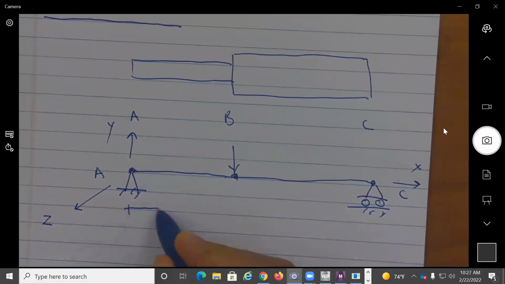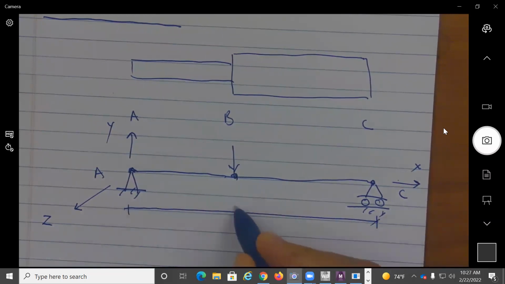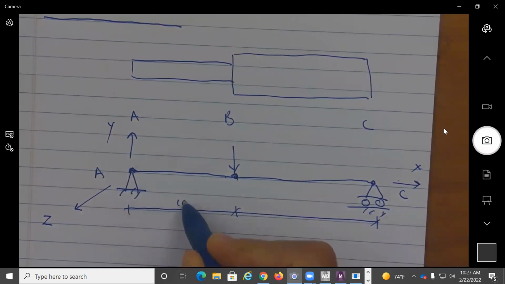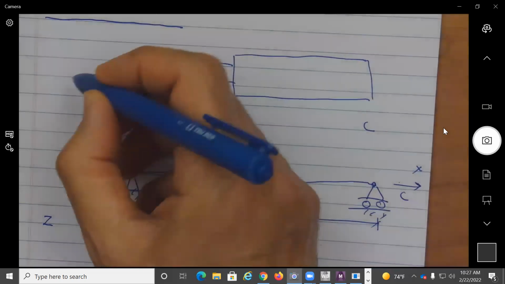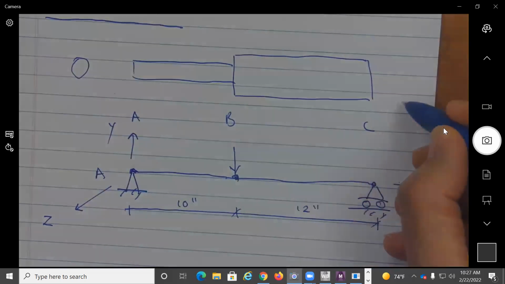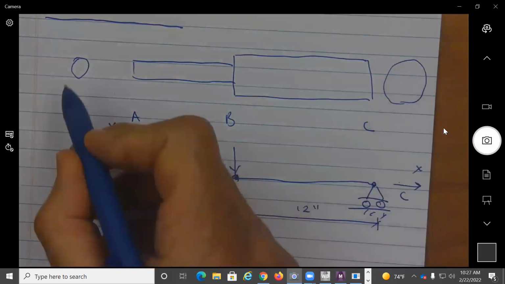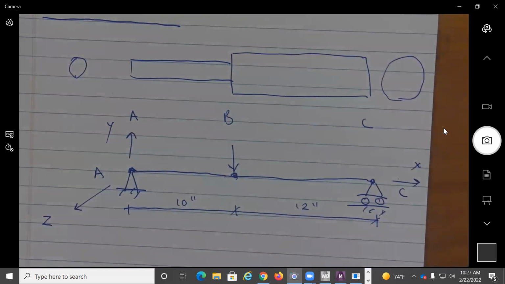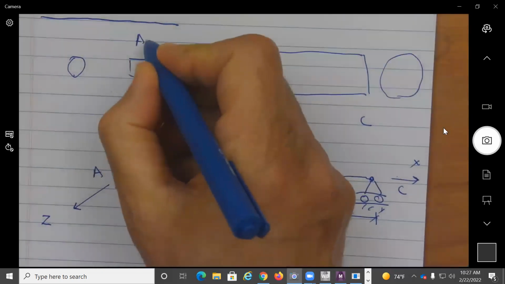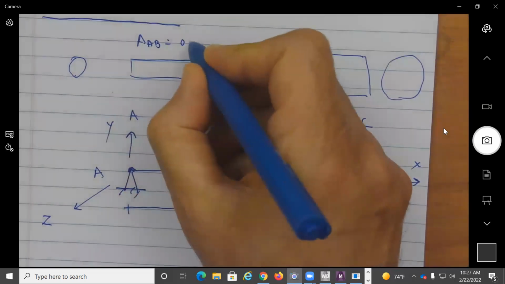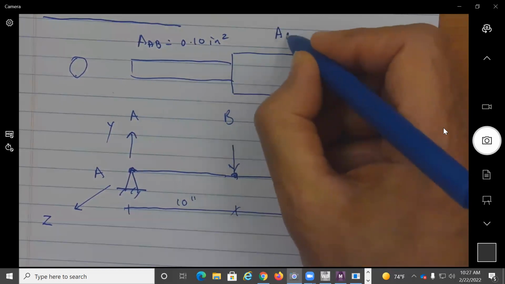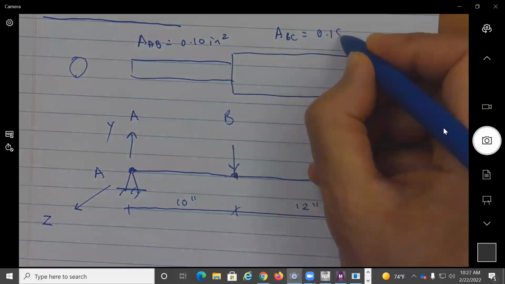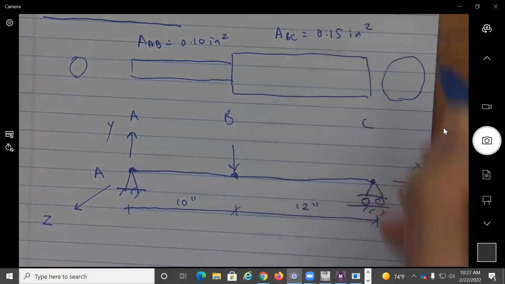I will remind you that the dimensions, this was 10 inches and this was 12 inches. AB, we modeled this using circular sections. So we had the circular 1 and circular 2. The area of AB was equal to 0.1 square inch, and the area of BC was equal to 0.15 square inch. Both of them are circular sections.